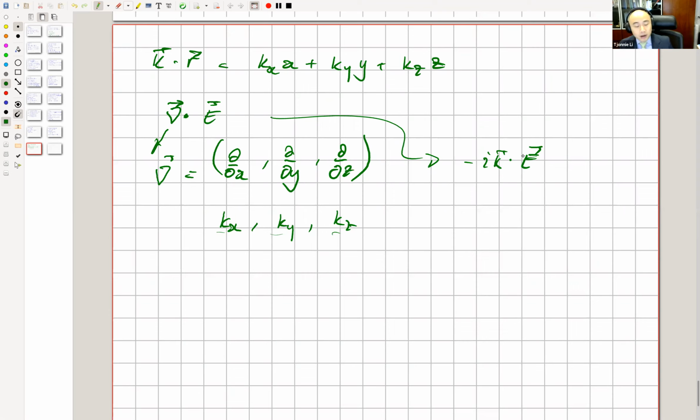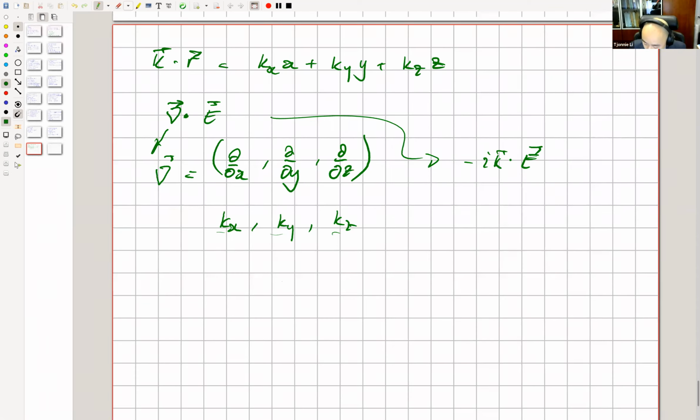I somehow had assumed that you had seen this before, but if you haven't, that's fine. But really, it's just taking the x component partial by partial x, the y component partial by partial y, and the z component partial by partial z.